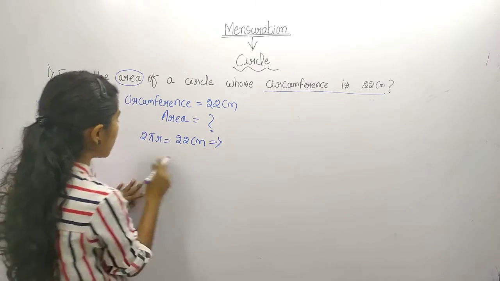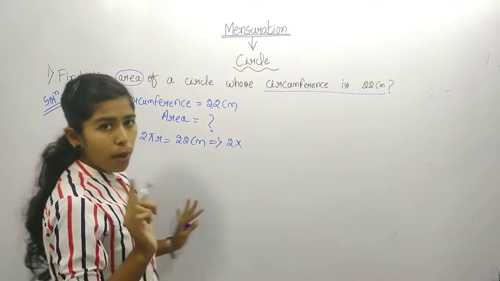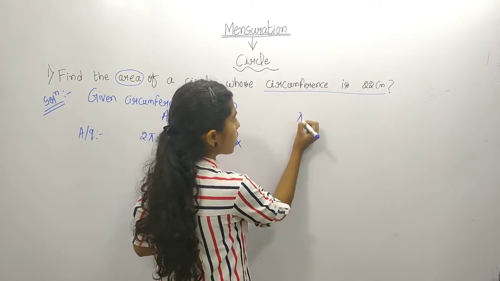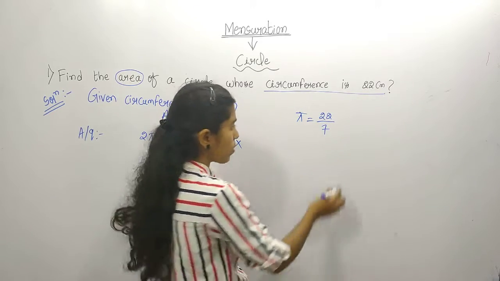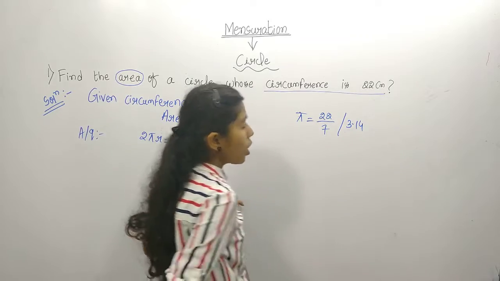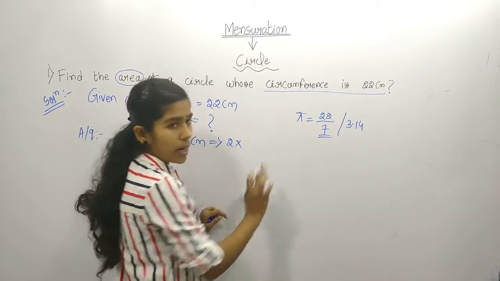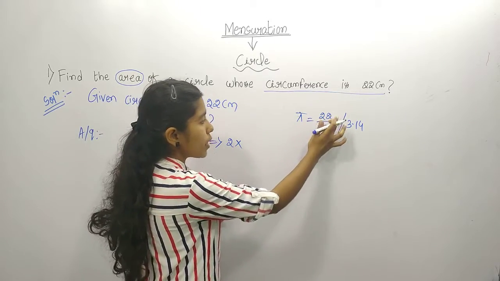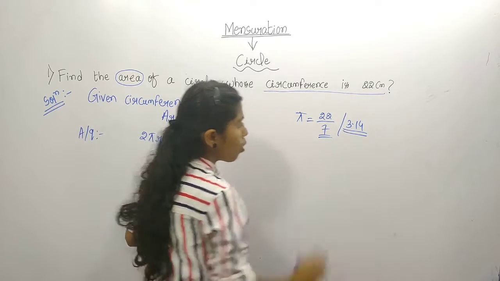So that implies here you see 2 into pi. We know pi has two values. One value is 22 divided by 7, and another is 3.14. So here we will use 22 divided by 7. If you divide 22 by 7, then you will get 3.14.